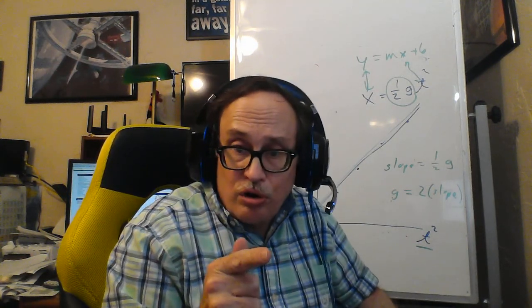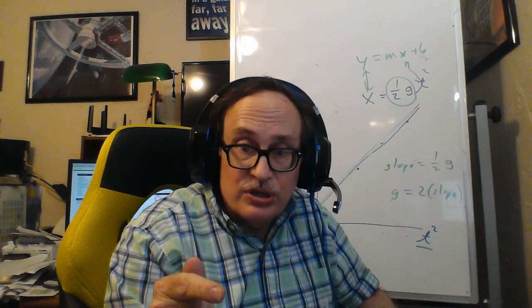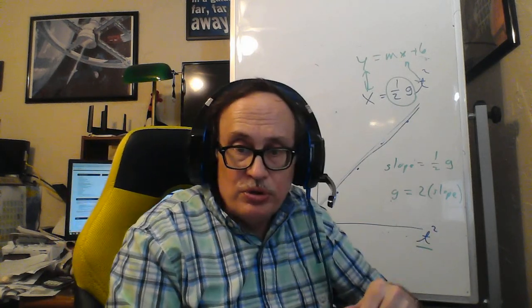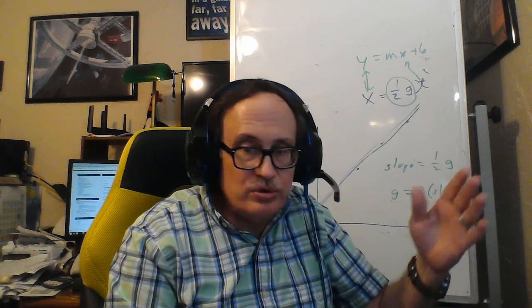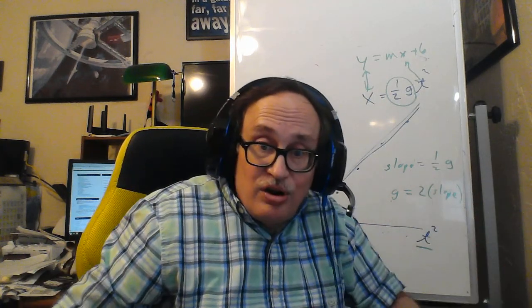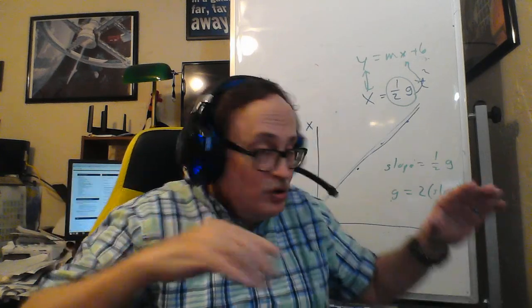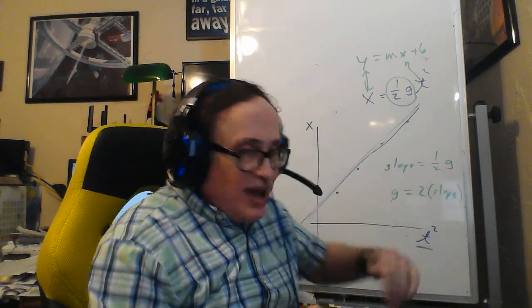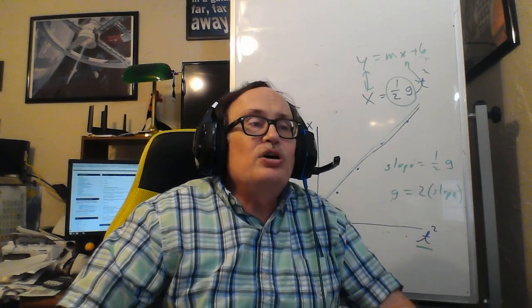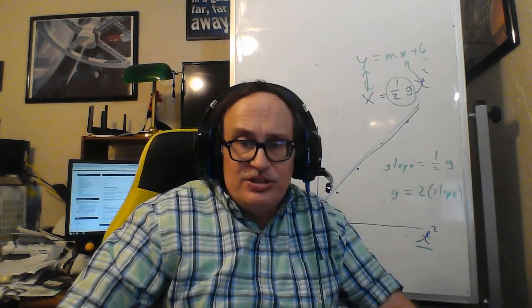The answer is wrong if you don't have the correct units. So you would say meter per second squared is the slope, or centimeter per second squared, or mile per hour squared, or feet per second squared, whatever this divided by that is. Rise over run. That's how you do slope. So here we have data analysis.